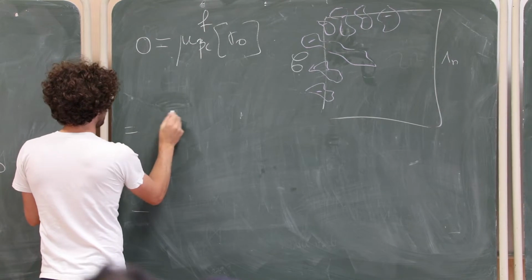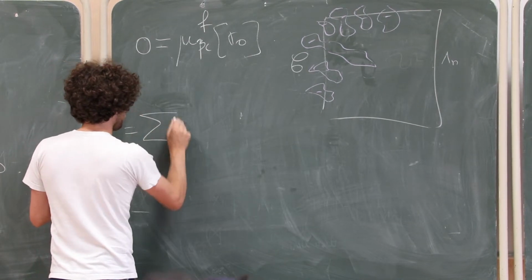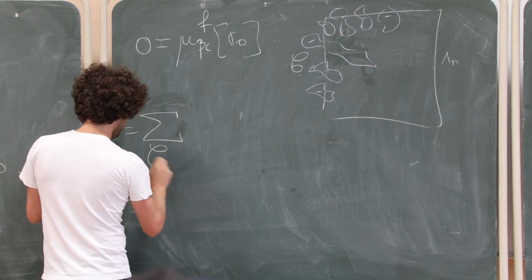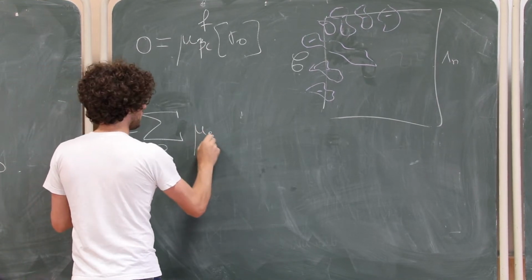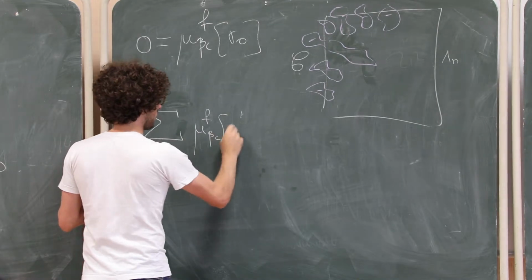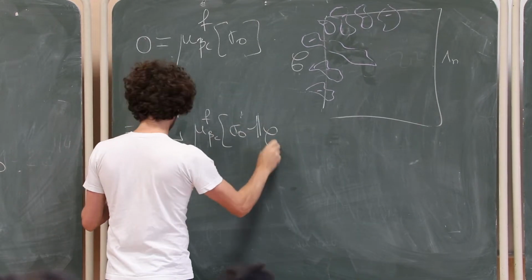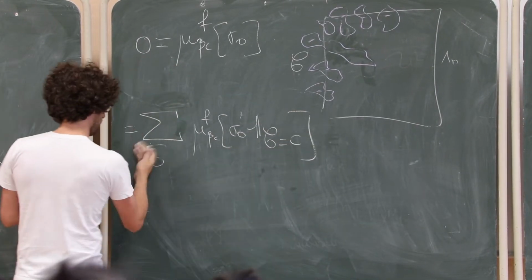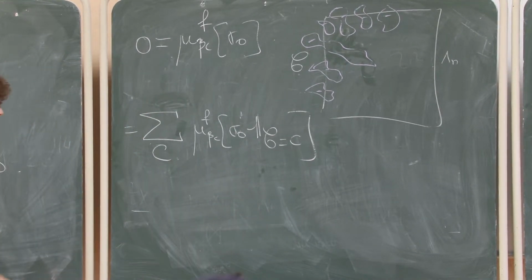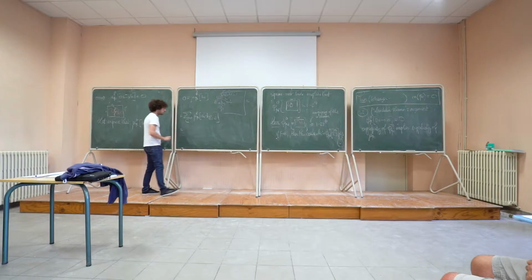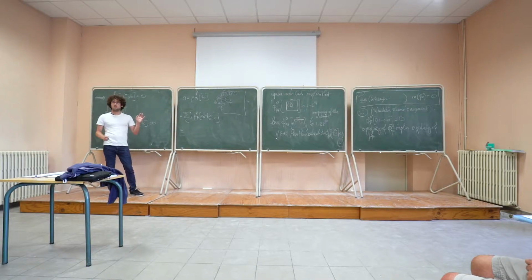So let's say this is the sum over C of mu beta c free of sigma 0 indicator function that C equals C. Okay, I decompose on this. Here I'm going to do two things. Either this cluster touches 0.